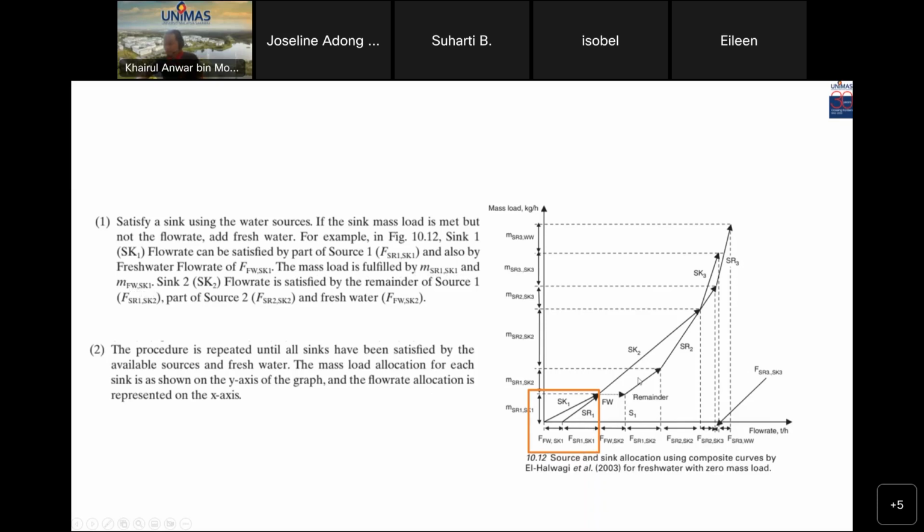Sink 2, for example. This is sink 2. Flow rate is satisfied by the remainder of source 1. And so this is part of source 1, the remainder.